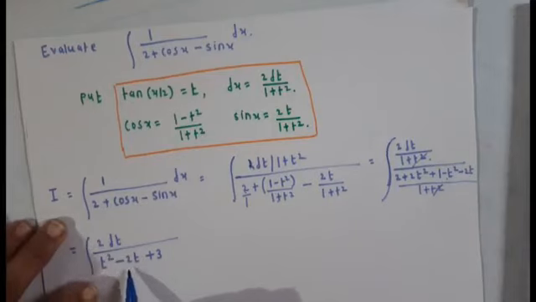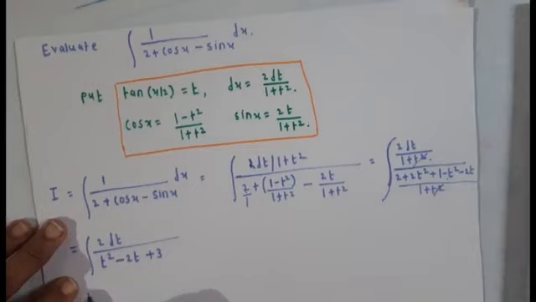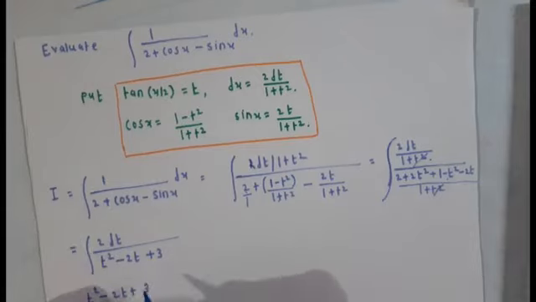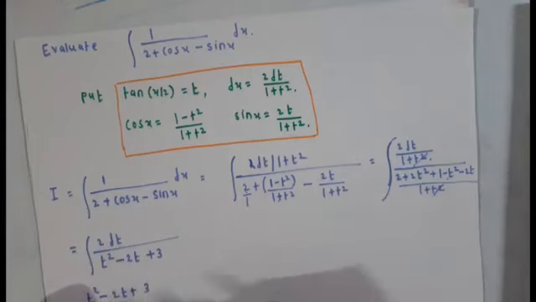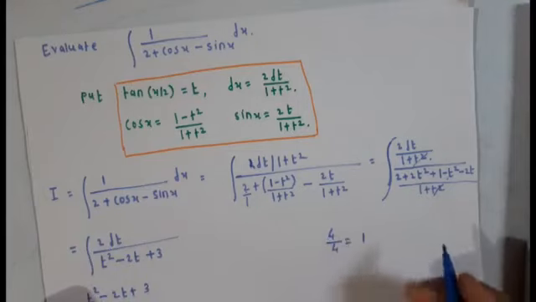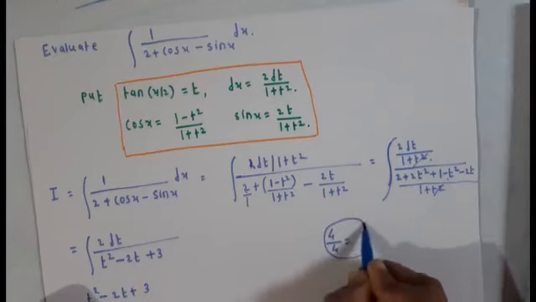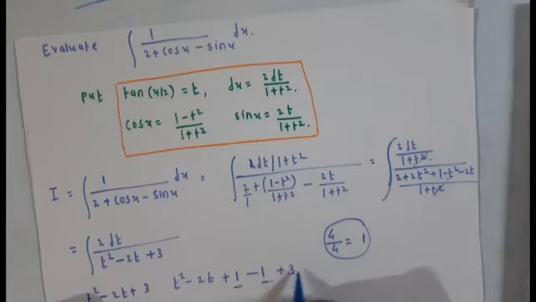Now we have to adjust the term for completing the square, that is t square minus 2t plus 3. The adjustment is, that is 4 by 4, that is square of 2, that is 4 by 4, and that's why it is 1. We have to adjust the term 1, and therefore t square minus 2t plus 1 minus 1, this is the adjustment, plus 3.